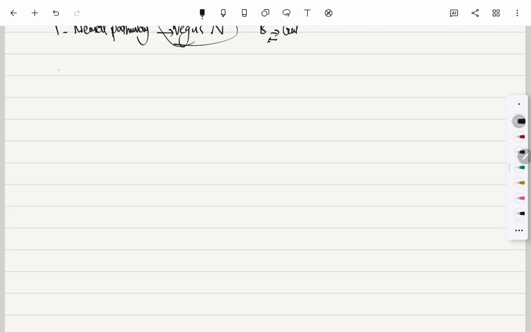And hormonal, number 2, hormonal pathway. There are gut hormones like ghrelin and peptide YY, and cholecystokinin, which influence appetite.